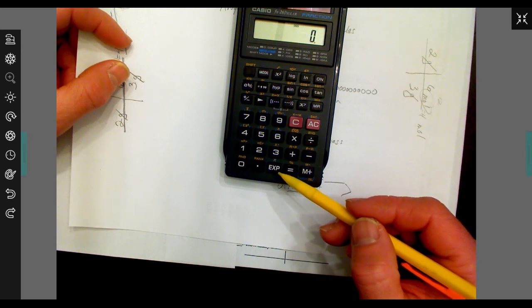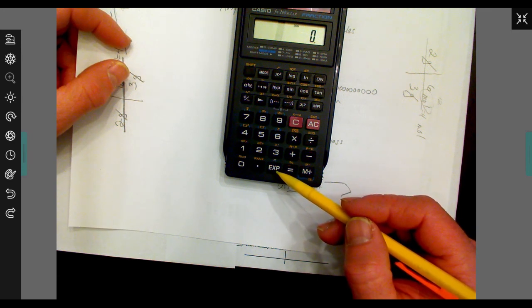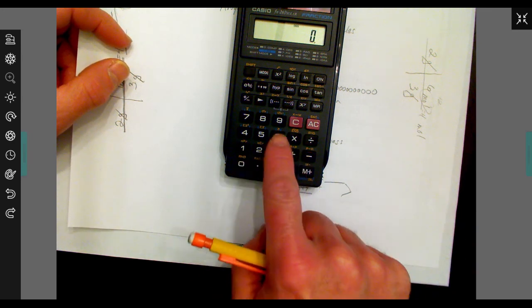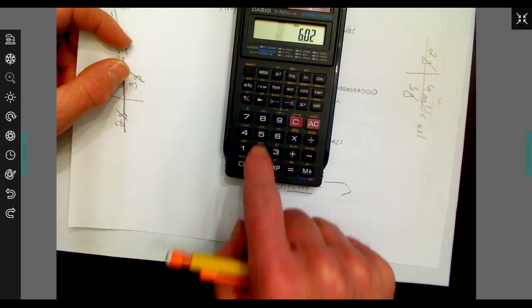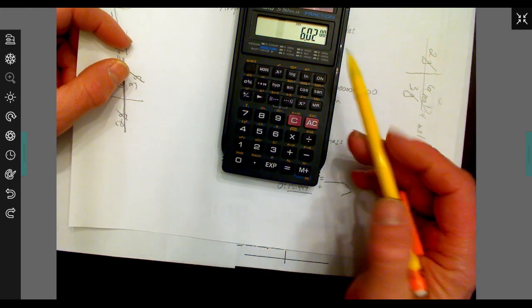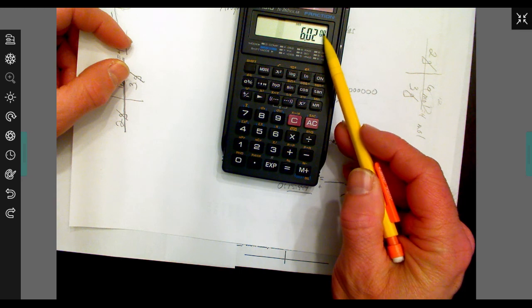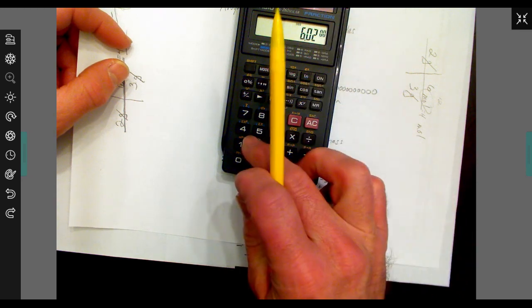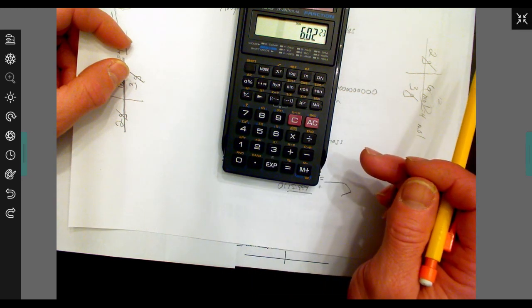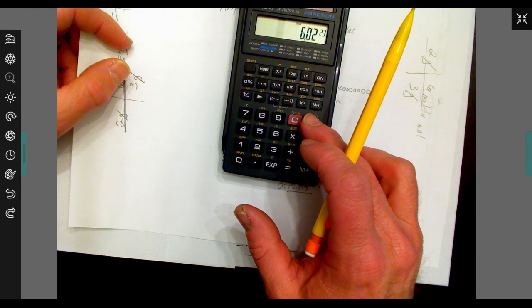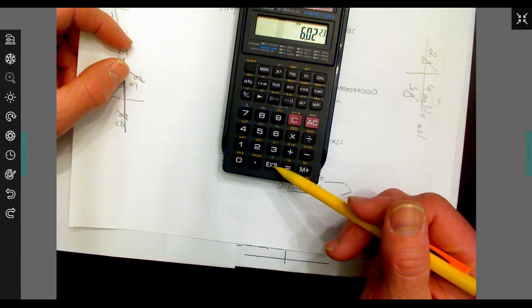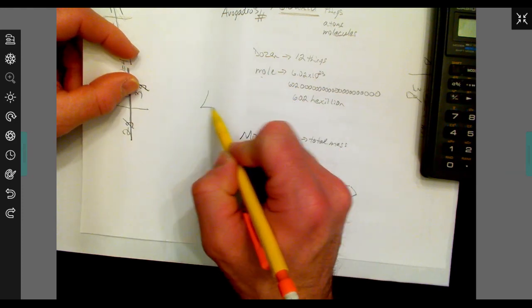That EXP button is going to take the place of times 10. So if I wanted 6.02 times 10, I'd go 6.02 and I'd hit EXP, and then it's going to give me a little spot where I can put my exponent to the 23rd. Most calculators do not have an EXP button. They probably have what is known as a double E button.